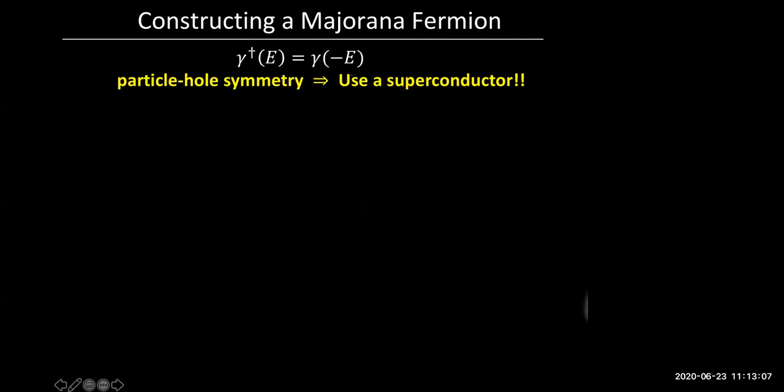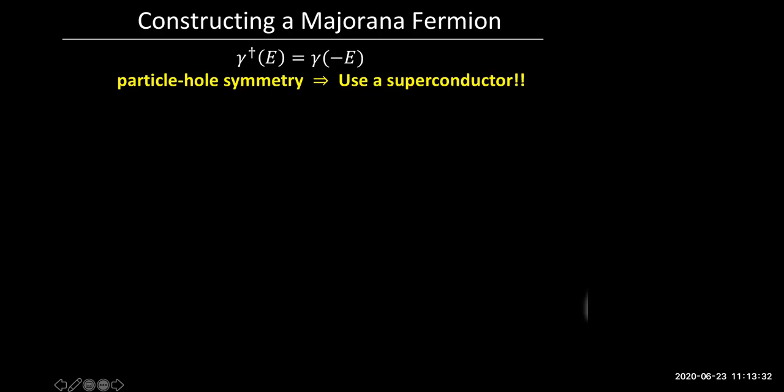That would be the case at zero energy, for example. So if you put E equals 0 here and here, you get a particle that is its own antiparticle. At higher energies, of course, you have to go to opposite energies to get their antiparticles. In any case, if you want to satisfy this, one immediate thing to see is that this requires particle hole symmetry.